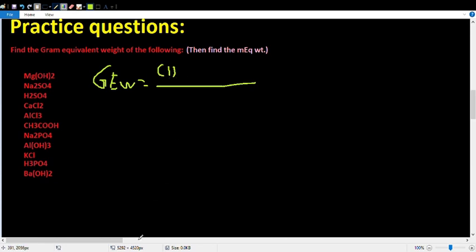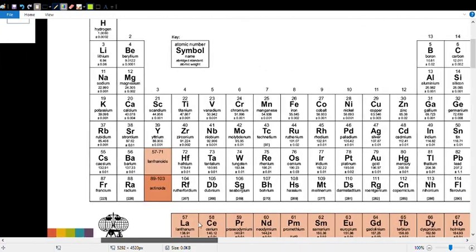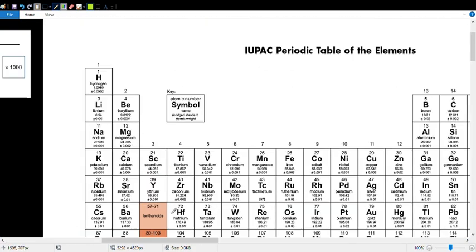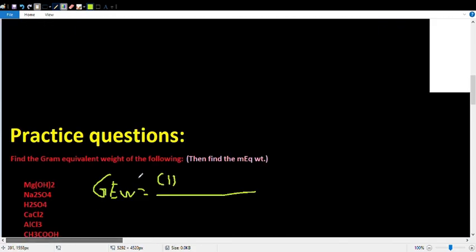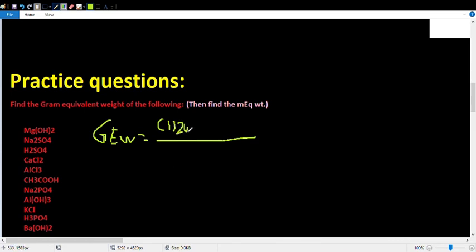Then the molecular weight of magnesium, let's go back to our table here. Magnesium is approximately 24, so times 24, then plus the O and H. Each one has 2 atoms.